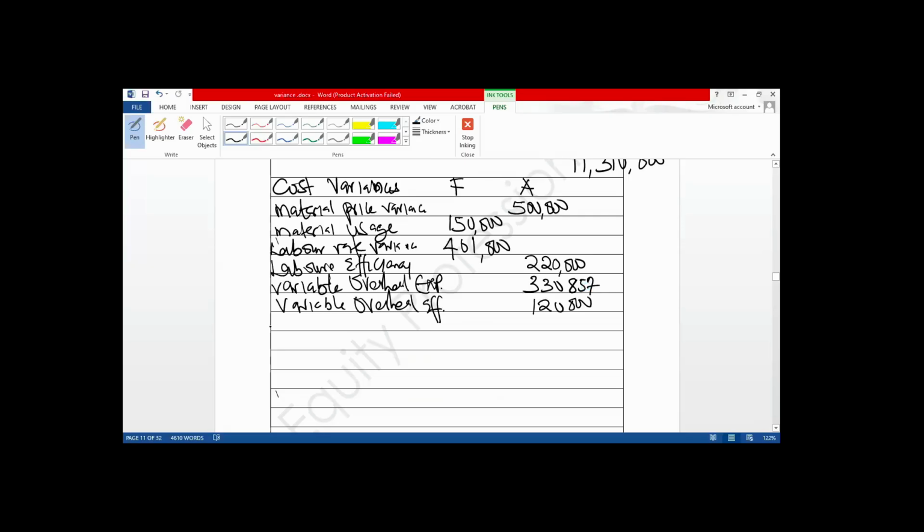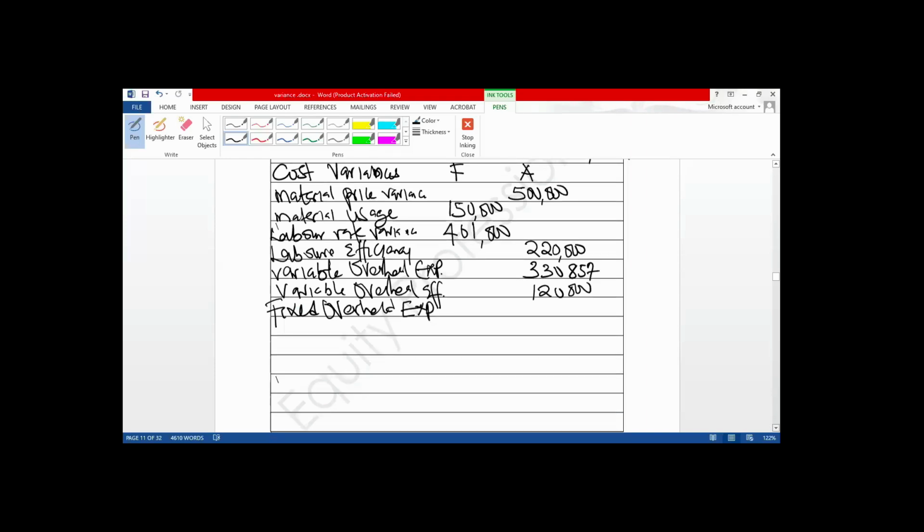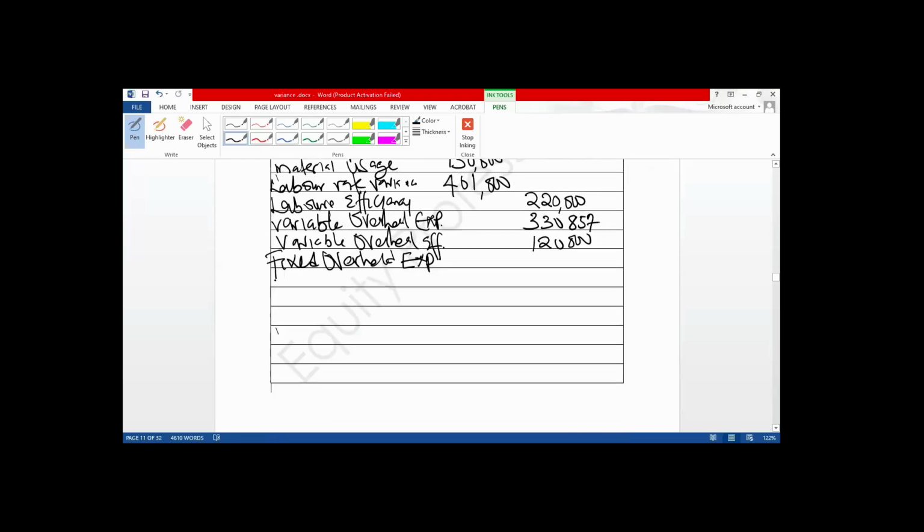Now go and look at fixed overhead expenditure and fixed overhead volume. Fixed overhead volume variance.